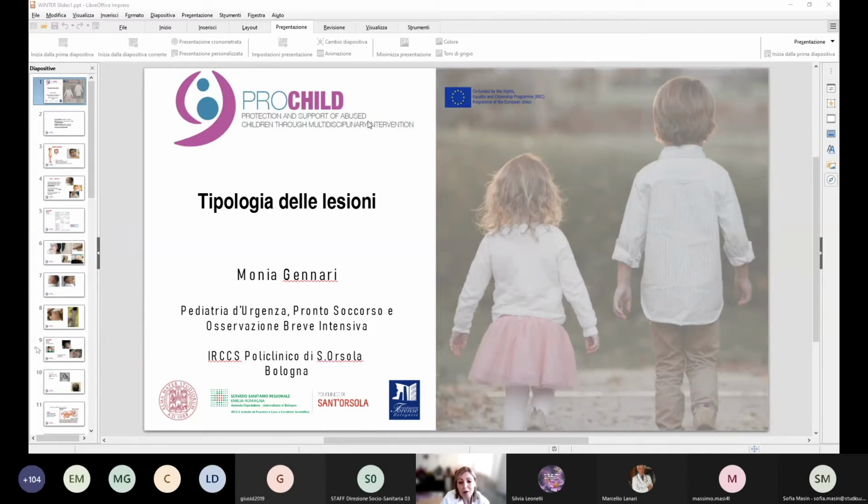And during the physical examination, we have to analyze several aspects that can help us in identifying the case. We have to look for skin injuries, functional limitations, evaluate the neurobehavioral development.